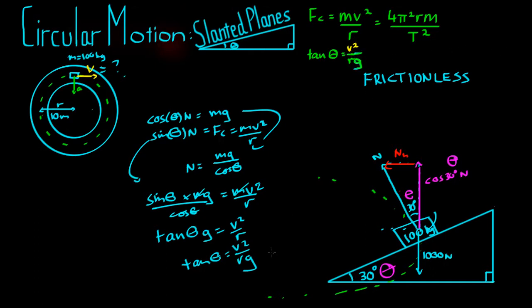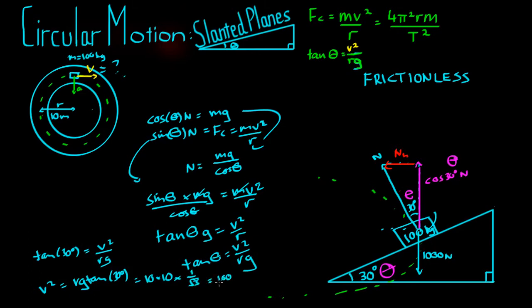So using this formula here, if we want to find out exactly what velocity this guy could be travelling around this velodrome at, we'd say, okay, tan 30 degrees is equal to v squared on rg. Therefore, v squared is equal to rg tan 30 degrees, which was equal to 10 times g times tan 30, which is 1 on root 3.